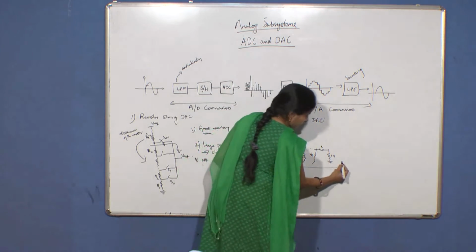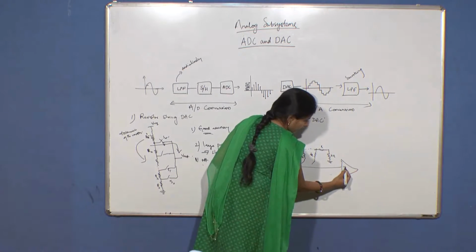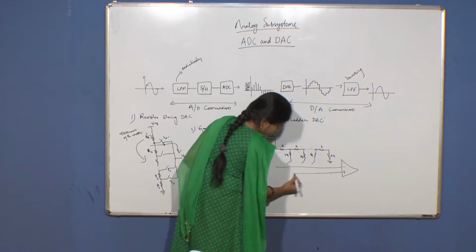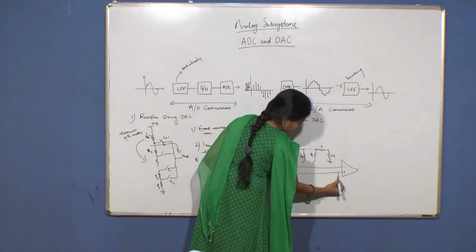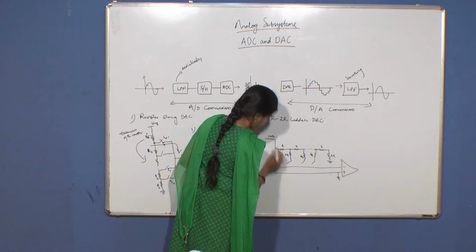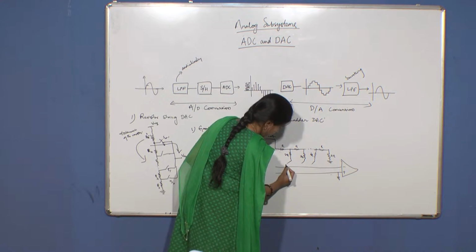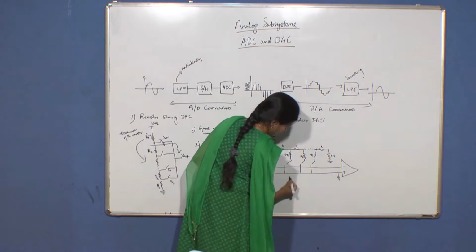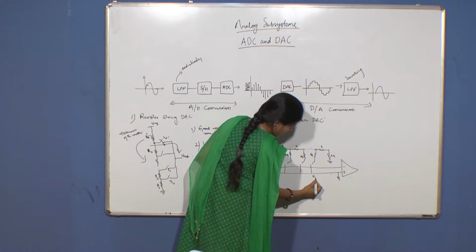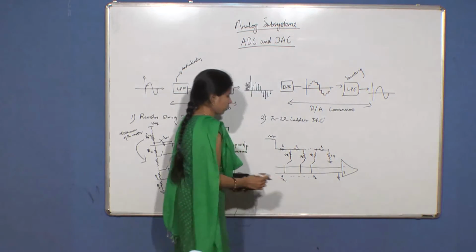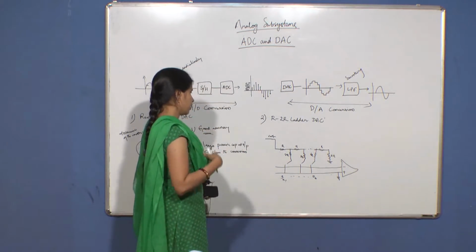So this is given to your operational amplifier. D0 and so on up to Dn minus 1.